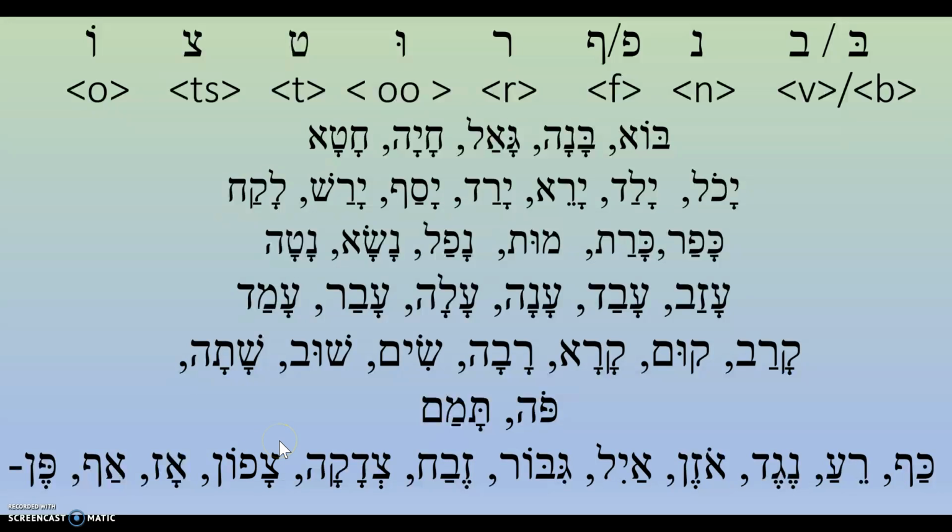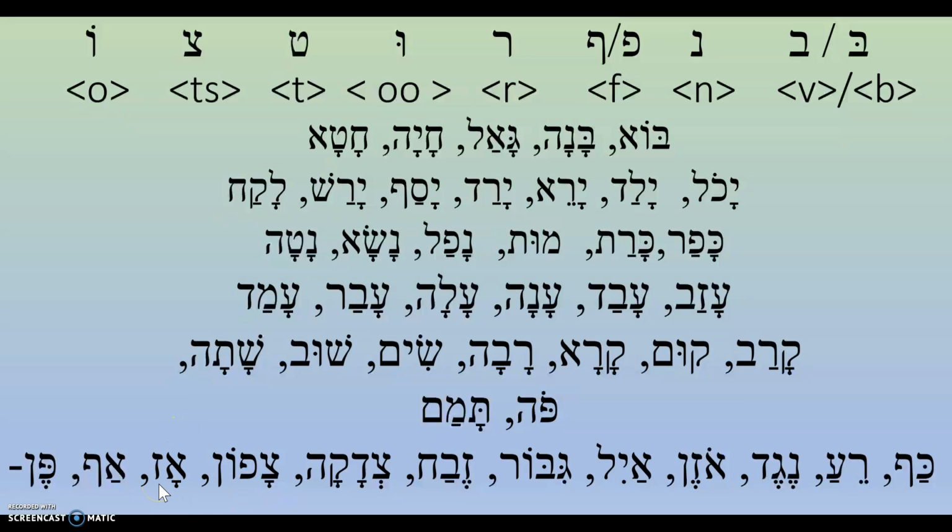Next word is tzafon. Tzafon, north, northern. Again, it's the ts. And the vav with the dot on top of it is an o for us. Tzafon, north, northern.